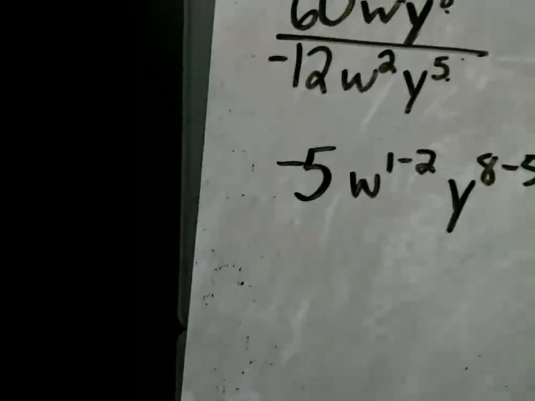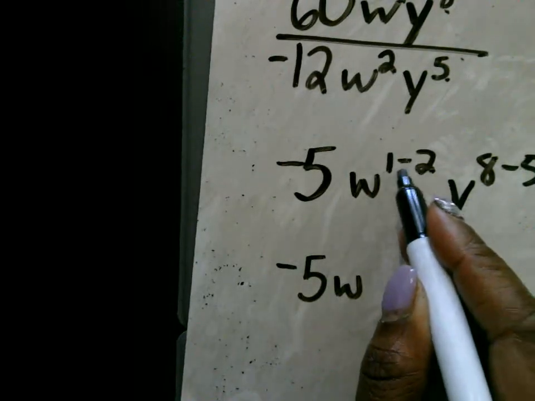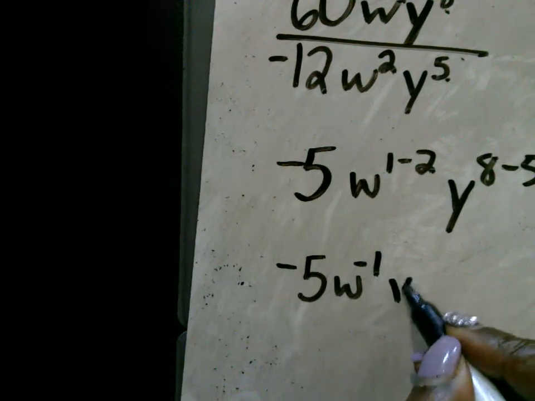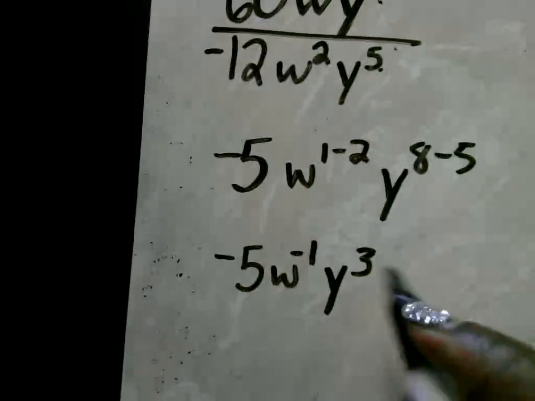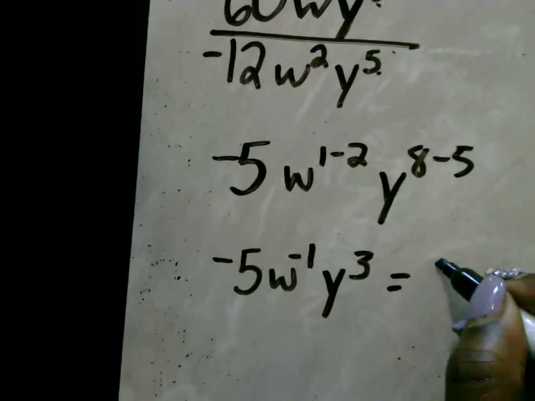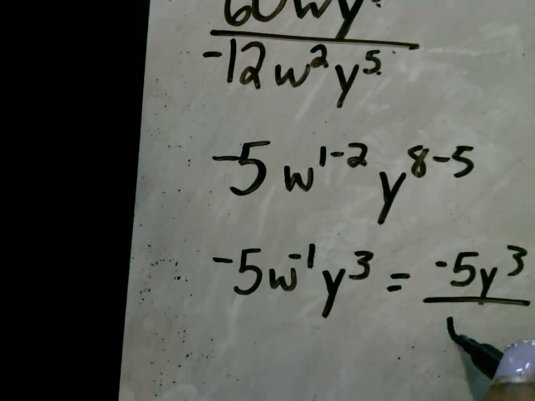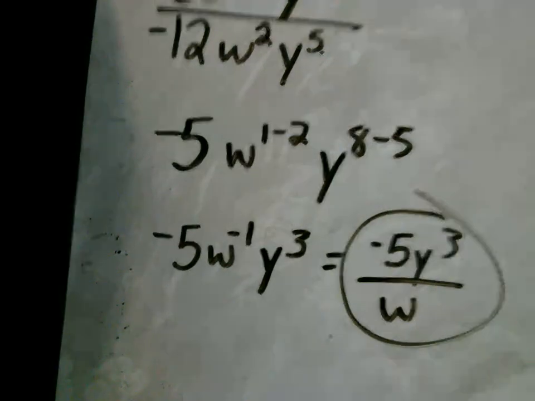So now we have negative 5. W to what power? 1. Negative 1. Y to what power? 3. To make this a positive exponent, move it down to the bottom of the fraction. So that's negative 5. Y to the 3rd divided by W to the 1st power, or just W. Questions?